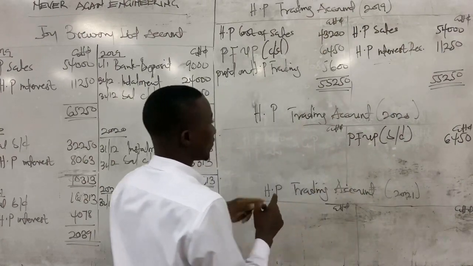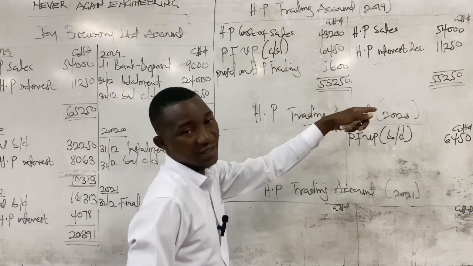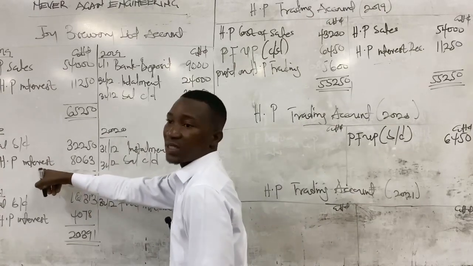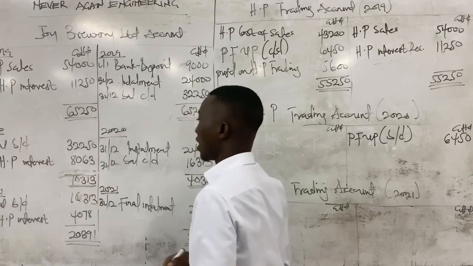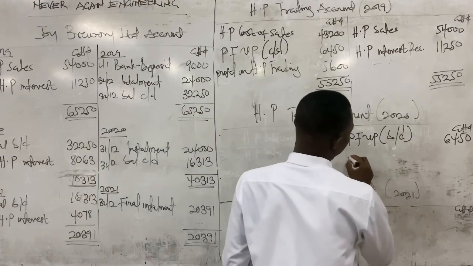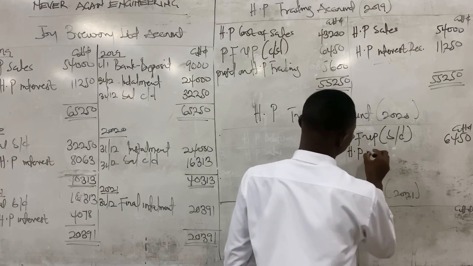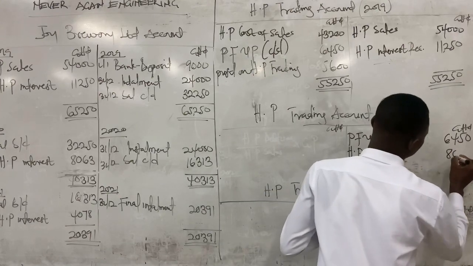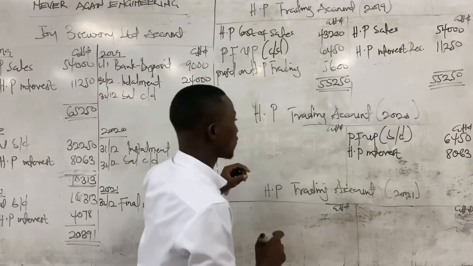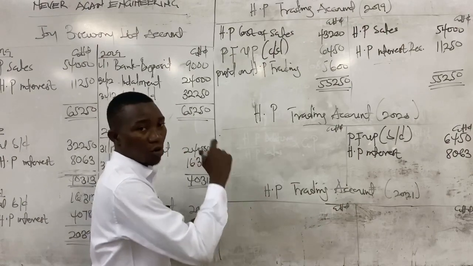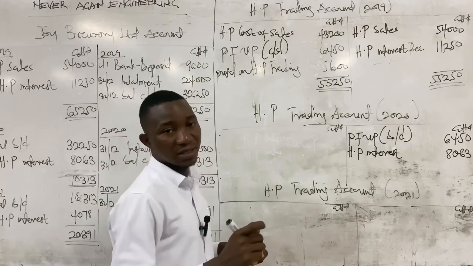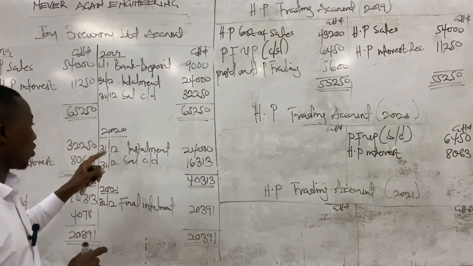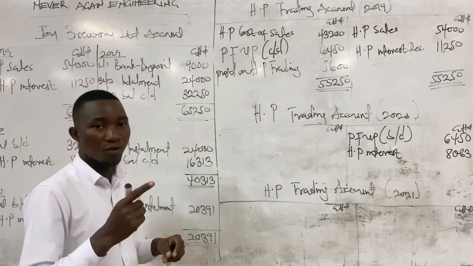And you have to also remember that for the year 2020 there is a high purchase interest received, an amount of 8,063. So that is HP interest, and the amount is 8,063. So we also have to determine the unrealized profits on the remaining balance that are not yet paid at the end of 2020. So you have to calculate provision for unrealized profit on it.